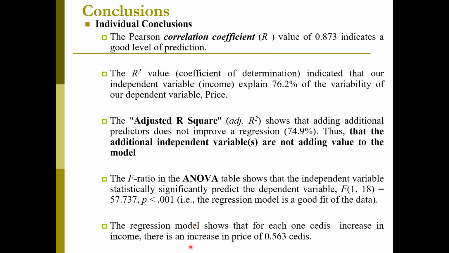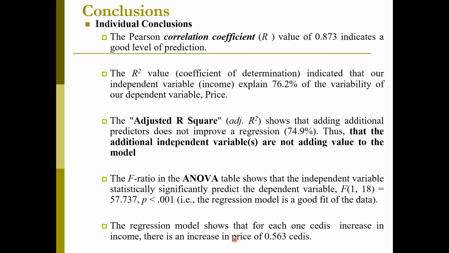Then we interpret our regression model itself, which shows that for each CD increase in income, there is a 0.563 increase in price. Because remember from the equation, income is positive.